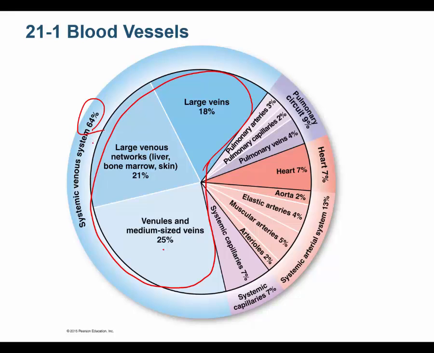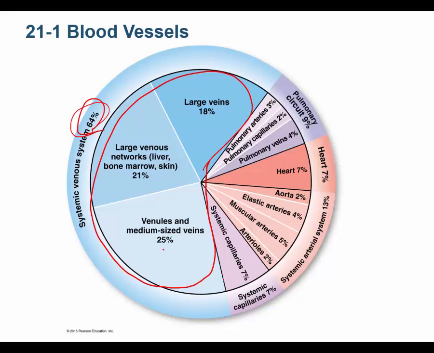At any given time, most of your blood is in the veins. Now, your capillaries have the greatest cross-sectional diameter of lumen, but remember, at any given time, the blood's not in your capillaries because at any given time, more than half your capillaries are shut down. So at any given time, most of your blood is in your veins. And that's just a snapshot of time.